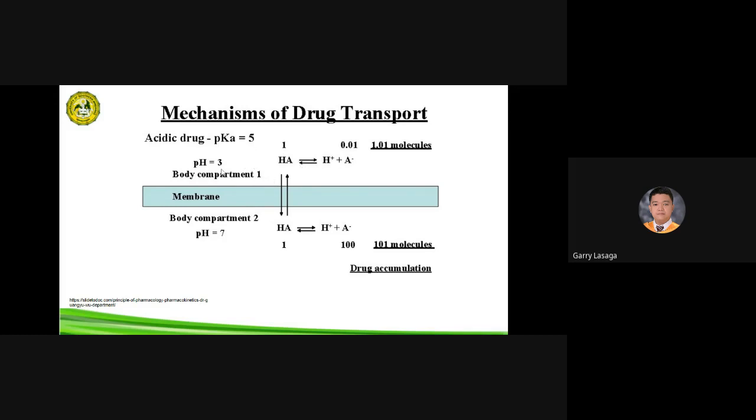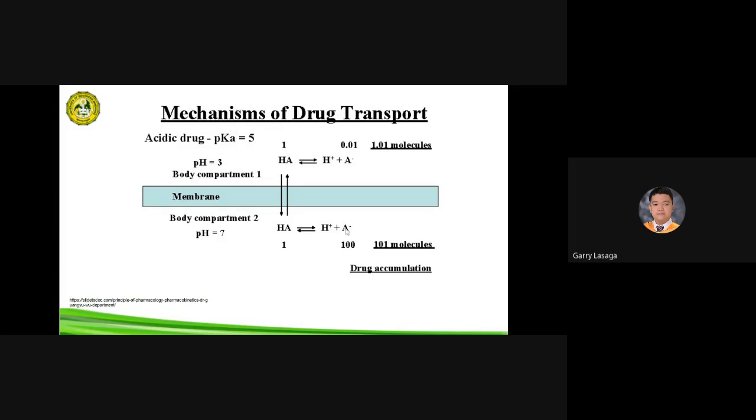Pag 3 level increase or decrease, that is 1,000-fold. Pag 4, 10,000-fold. Again, that is relative to the pKa, because at pKa, the proportion of this to this is equal to 1. So this is 1 here, this is 1 here. 1:1. Pag pKa.